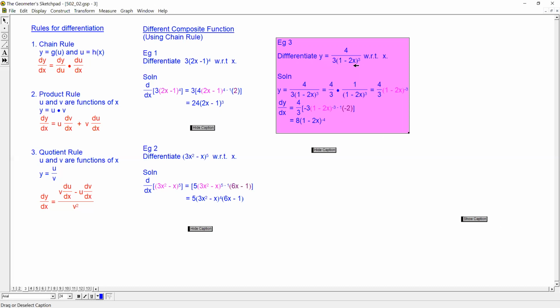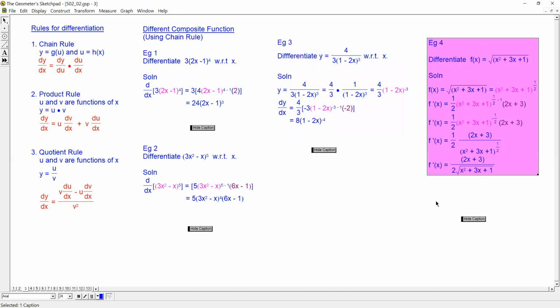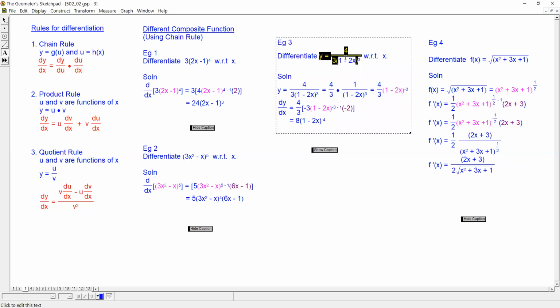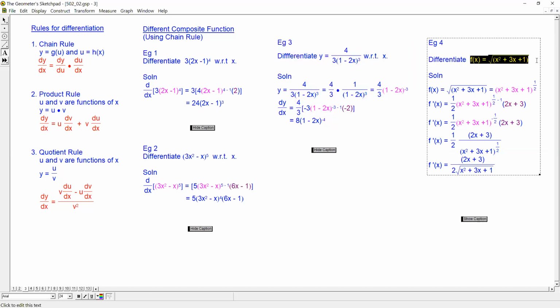You copy down this question first, and also this one. Then you do on your own. See whether you can do this and this or not. You try using the steps that I have told you, differentiation using the chain rule.